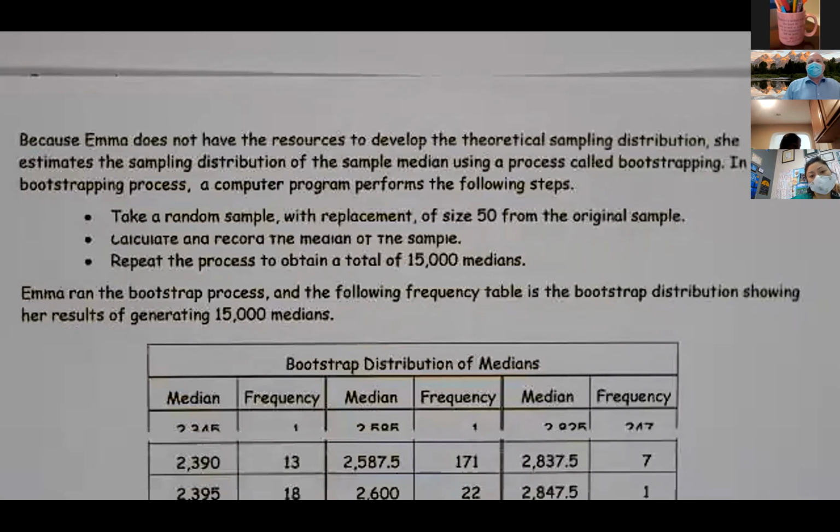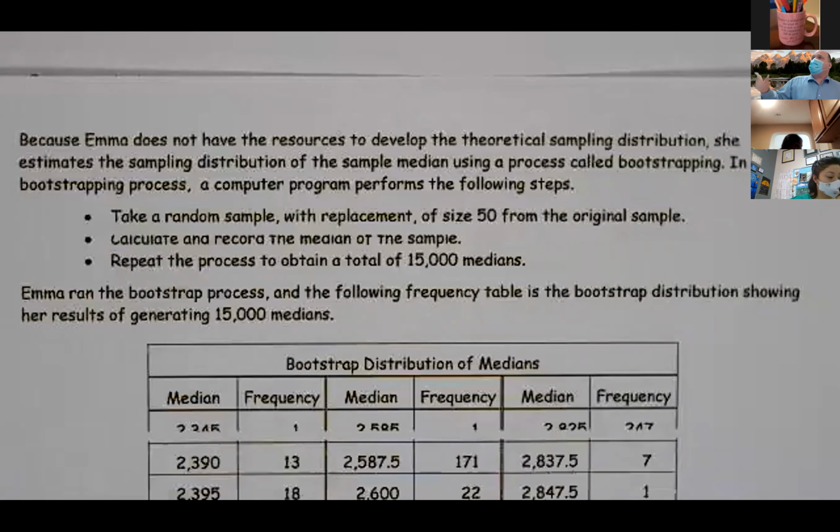Repeat the process to obtain a total of 15,000 medians. This really explains what's happening here. They take a random sample of 50, but they put it back with replacement. Otherwise, every single median would be the same.